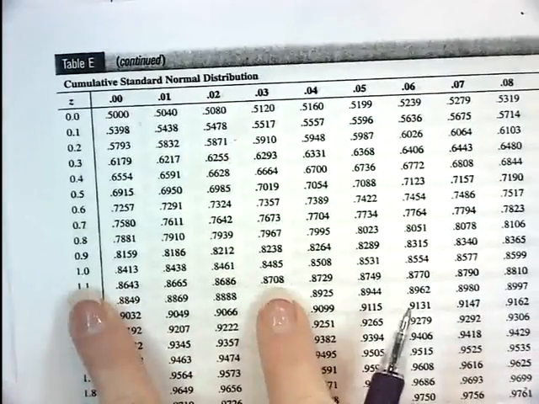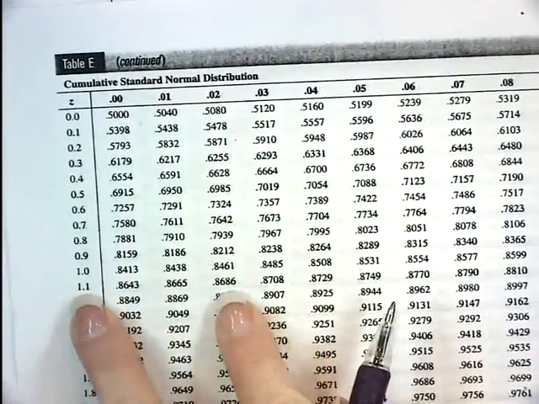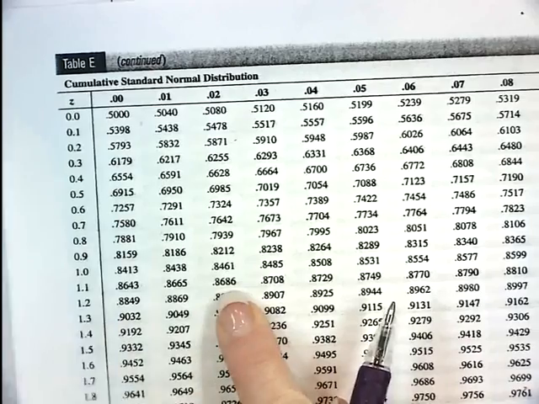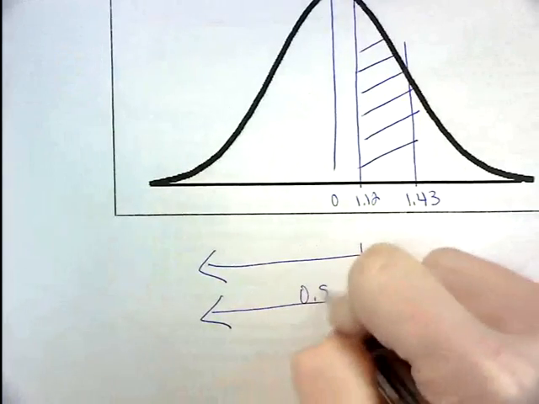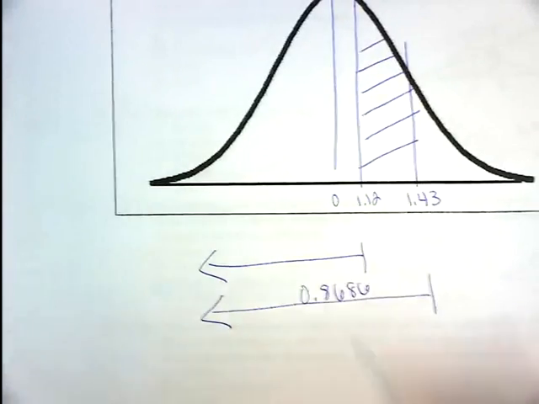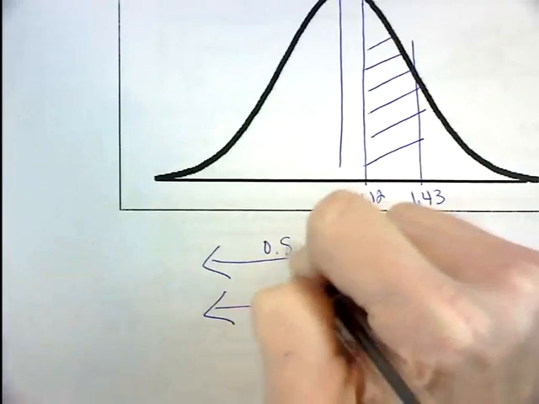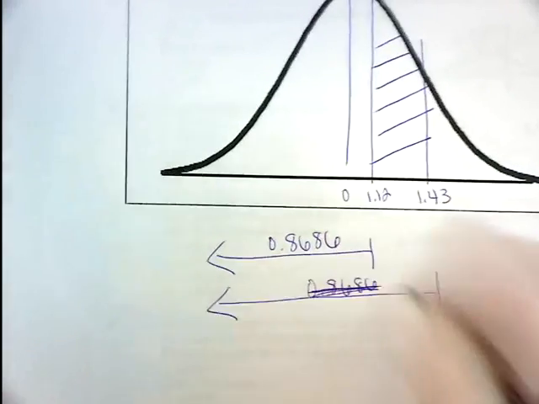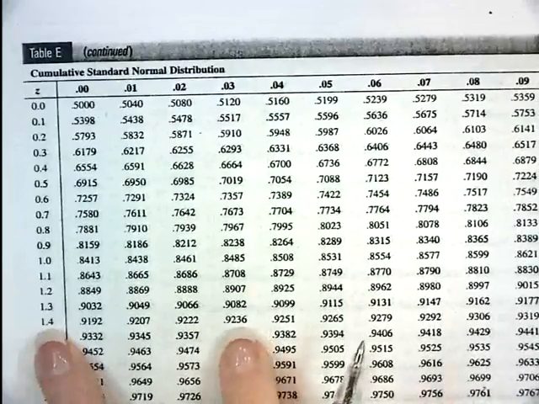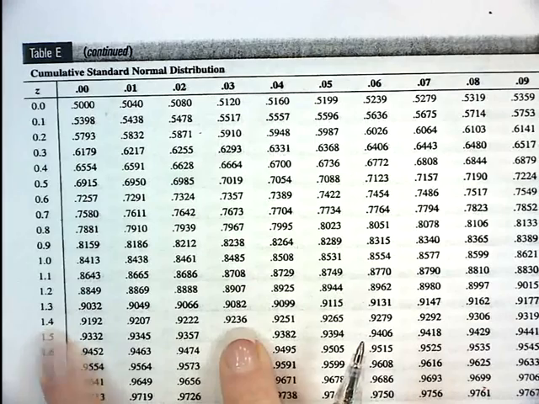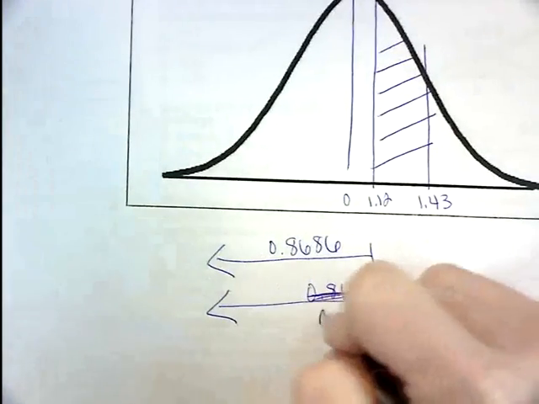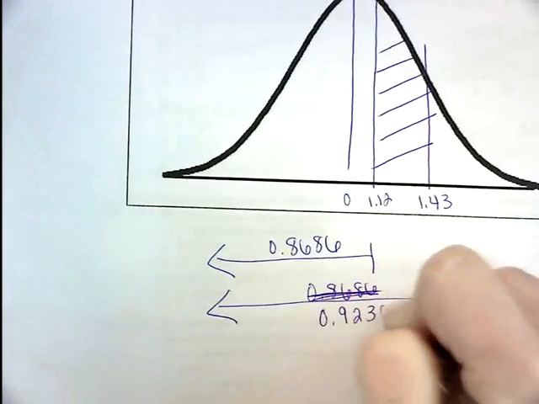1.12 gives an area of 0.8686. And 1.43 gives an area of 0.9236. And that's the larger area.